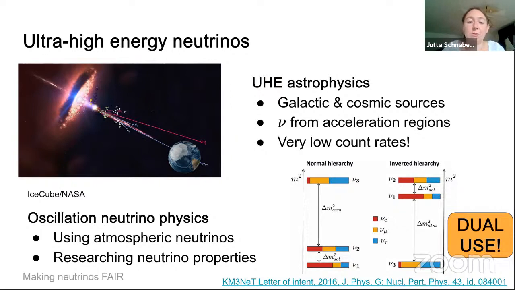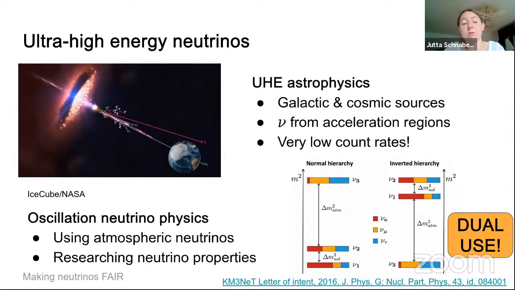The primary goal is that we are looking for astrophysical sources of neutrinos that could be galactic or cosmic sources, where these neutrinos are produced in accelerator regions, and where they are a unique messenger for this kind of physics. And we are dealing with very low count rates. There have been the first discoveries of this type of neutrinos, but generally we are looking for needles in a haystack.